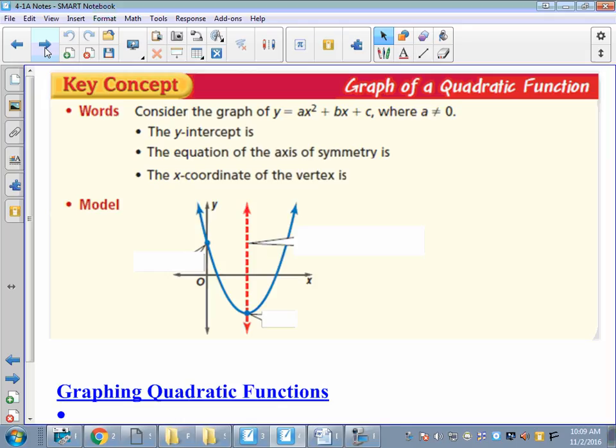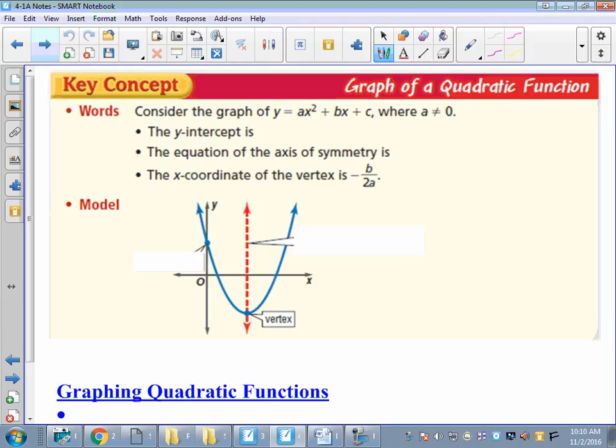out our graph. So the parabola itself, that parabolic shape, it's like a U, but it comes down to a point, and that point is the vertex. So at the very bottom here, we have the vertex. The x-coordinate of the vertex is equivalent to the opposite of b over 2a. Negative b over 2a.